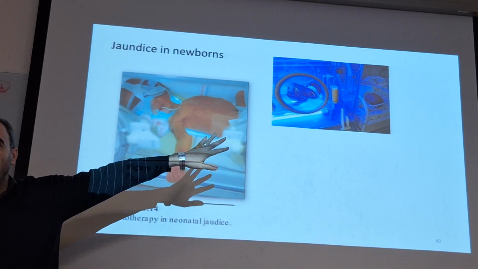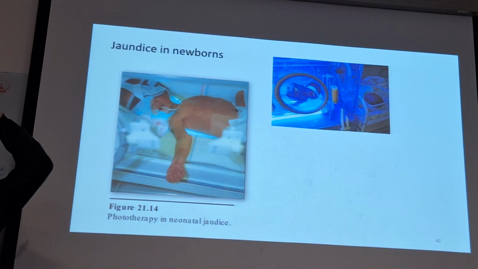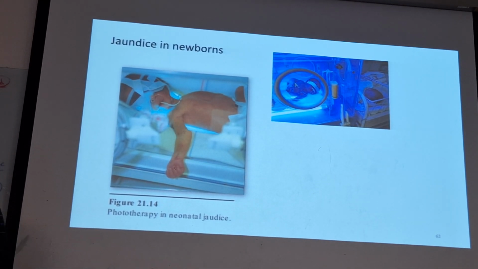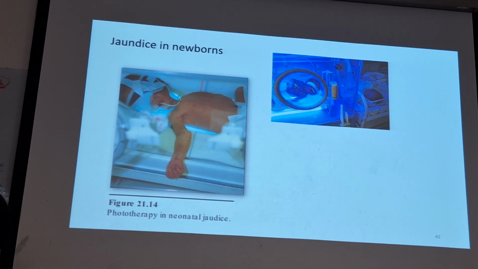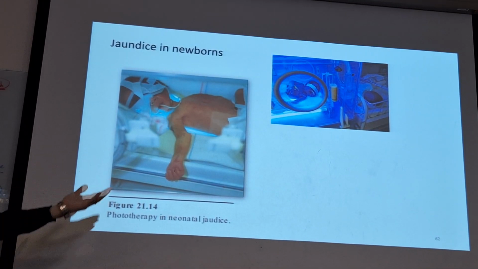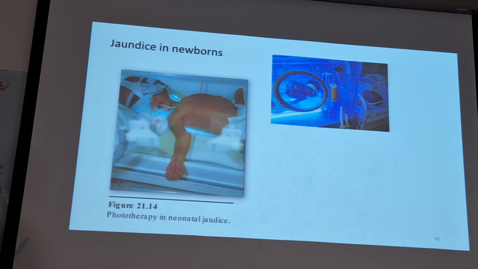What is the blue light going to do? We have the bilirubin structure, and the light is going to destroy, actually hydrolyze, this bond and help to excrete it easily. So if the baby's bilirubin is high, we need phototherapy.